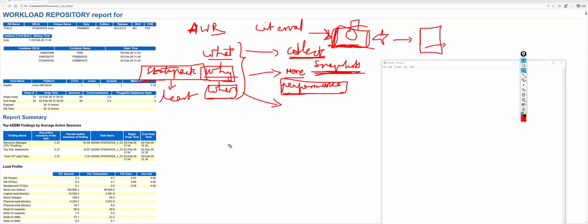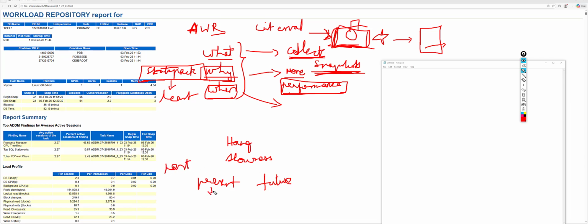Okay, so if I'm having some hang, or some slowness currently, if you just see the present time, right, present, past and future, everything is the same.